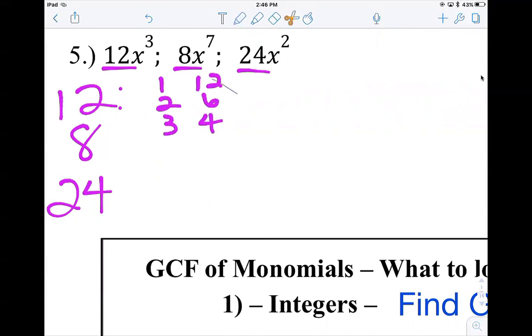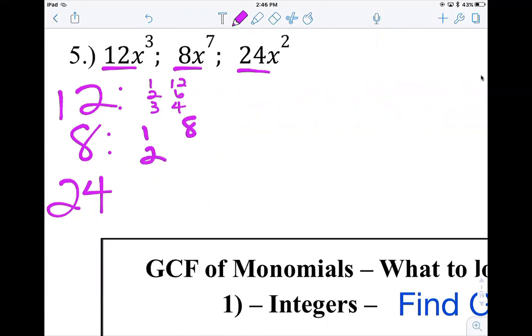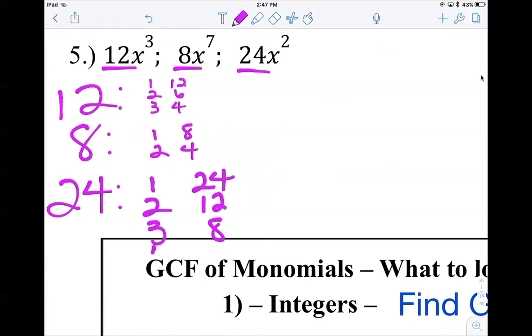Those are our combinations that would work for 12, that multiply to give us 12. 8 is 1 and 8, and 2 and 4, and that's it. 24, we could do 1 and 24, 2 and 12. I think we did 24 before. 3 and 8, and 4 and 6.